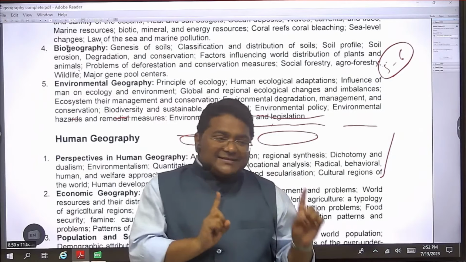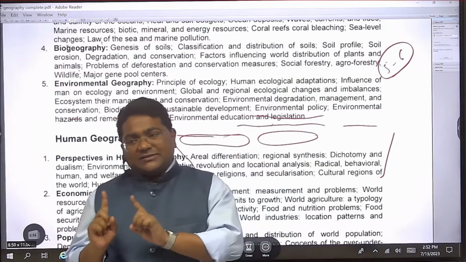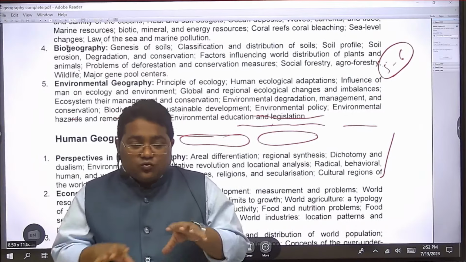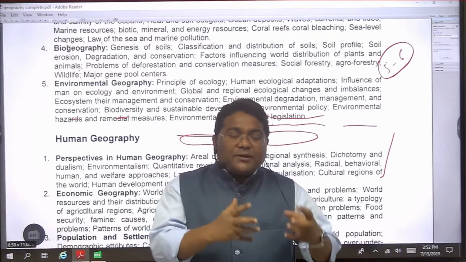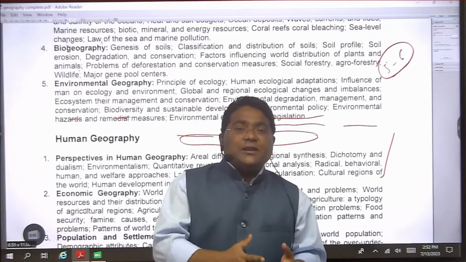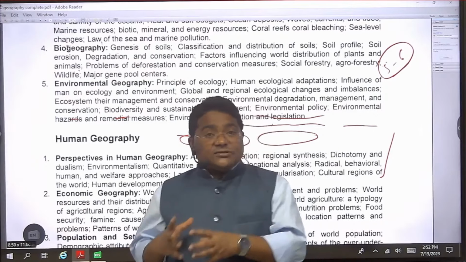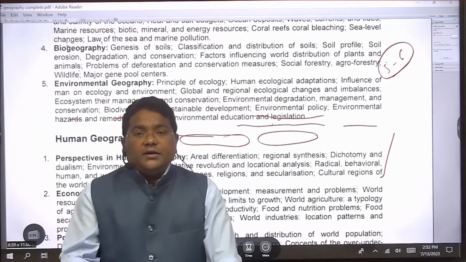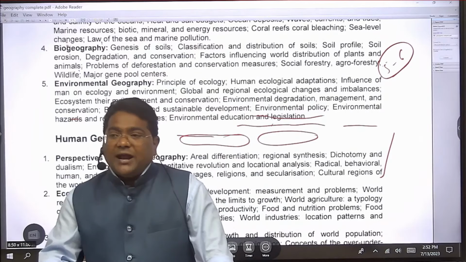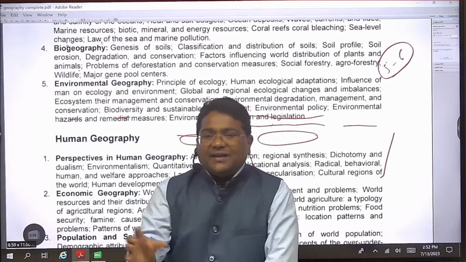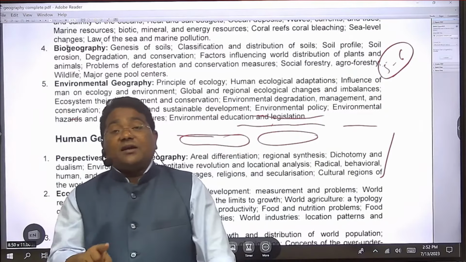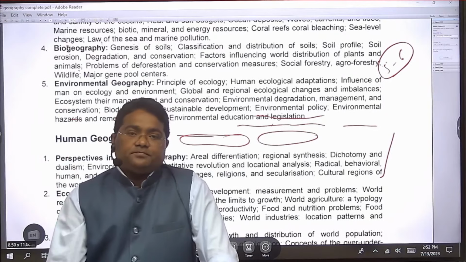Then what is in situ conservation and ex situ conservation? In situ means the original place where you are saving or conserving a particular species. In ex situ conservation, for example, you created a garden and you brought plants and animals from a different place, and you are conserving them here. That's why we call that ex situ conservation.